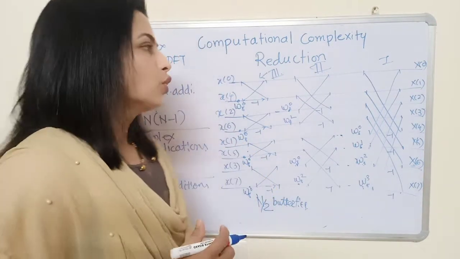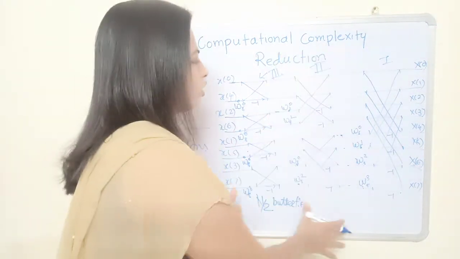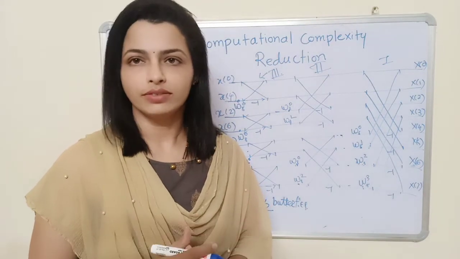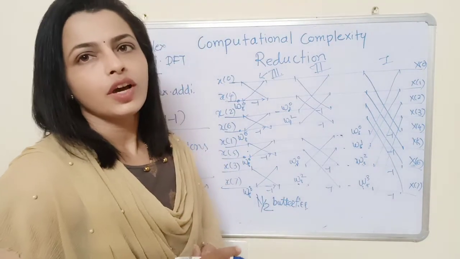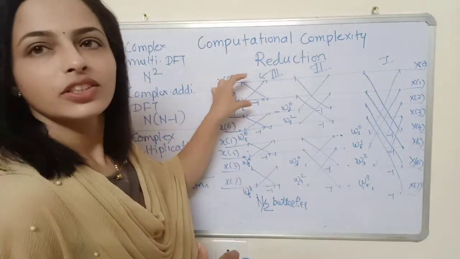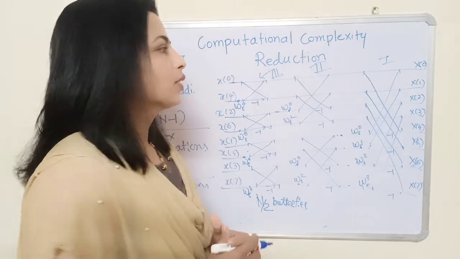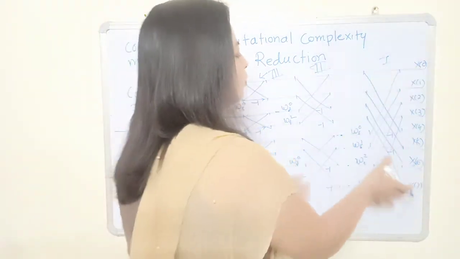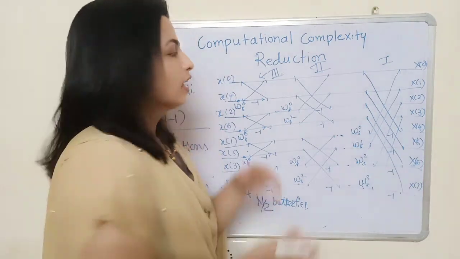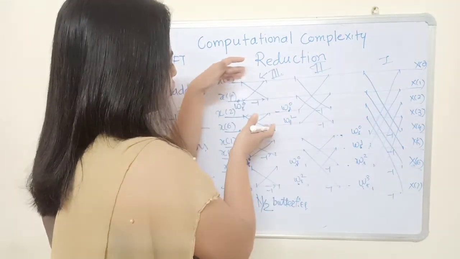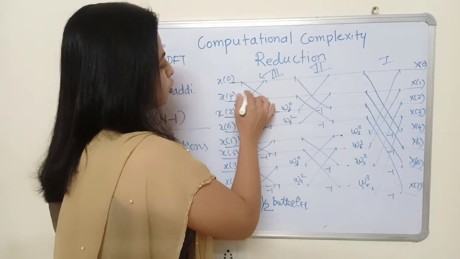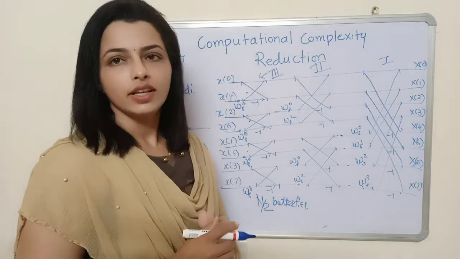This FFT algorithm is always called the radix 2 FFT algorithm, because we are going to 2-point DFT calculation at the base. For 8 you have to divide it first into 2 4-point DFTs, and for each 4-point DFT you have to go for 2 2-point DFTs.